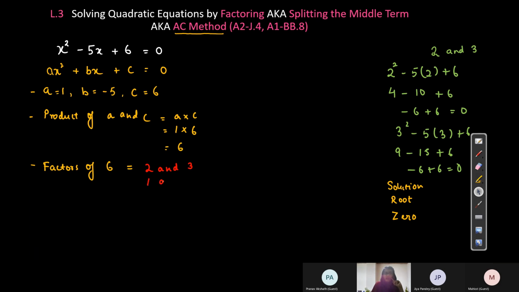Then 1 and 6, because 1 times 6 gives us 6. Then we can also have negative 2 and negative 3. If you multiply negative 2 and negative 3, you also get 6. Then you can also have negative 1 and negative 6. These are all the possible factor pairs.